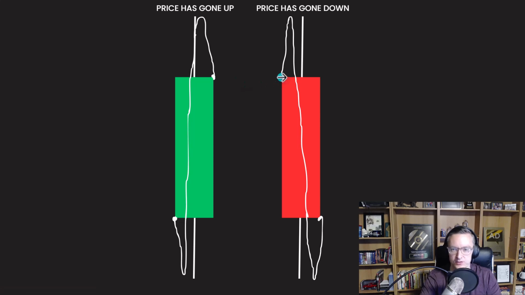Or in this case, it started here, went all the way up, all the way back down, and all the way here. So instead of you trying to see all these ups and downs of price movement in that short span of time, the candle allows you to know where it opened, where it closed, and the range of prices in between.